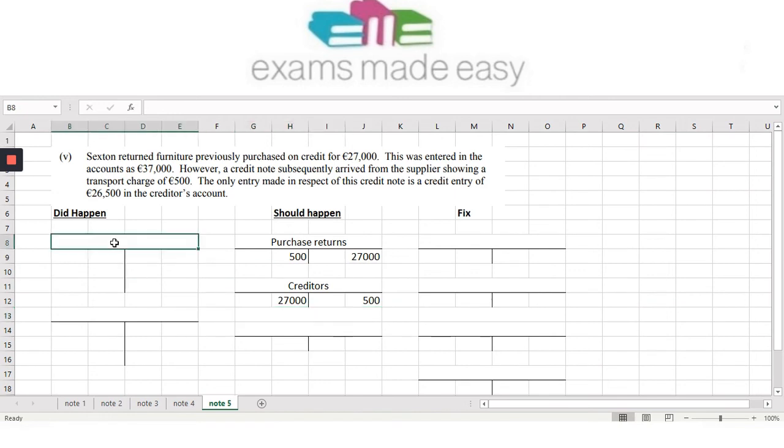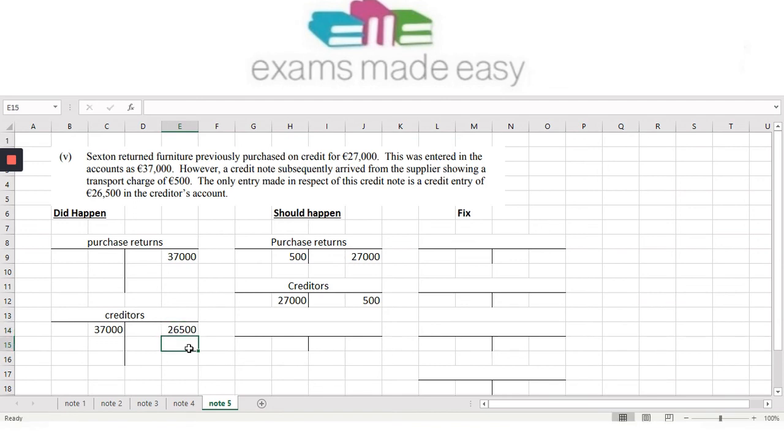What did happen, however, was use the right accounts, purchase returns and creditors, but got the numbers completely wrong. So it was entered as 37,000 first of all, 37,000, so 10,000 out in each case. Then, instead of doing the restocking charge, they put a credit entry in the creditor's account of 26,500.